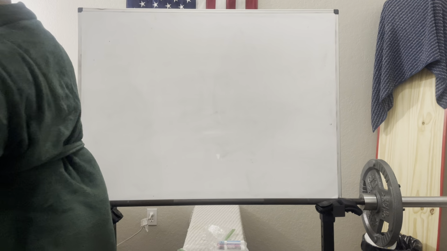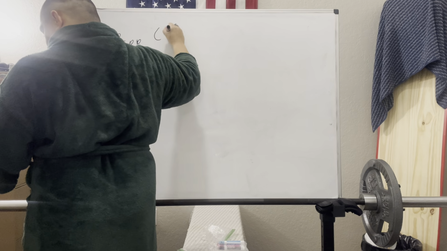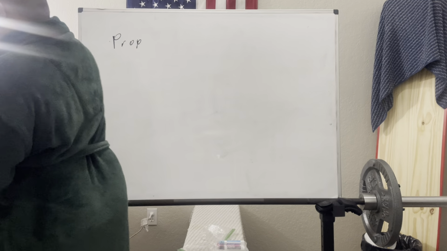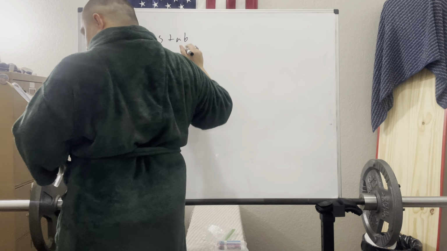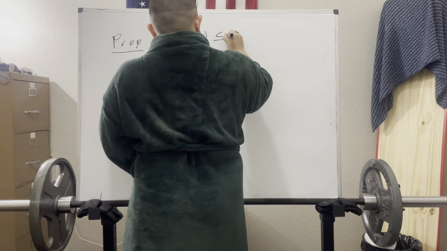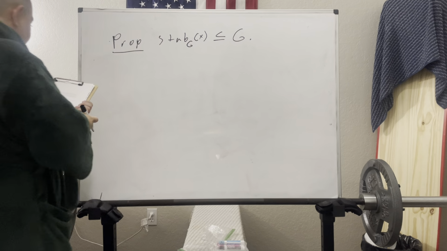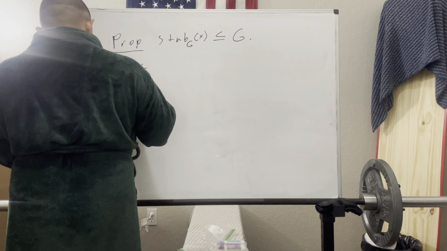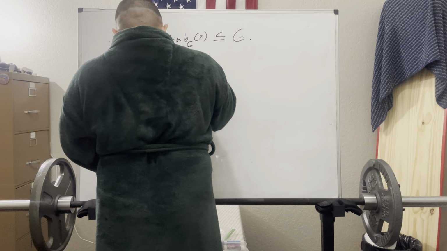And the proposition is this. Okay. That the stabilizer of x with respect to G is a subgroup of G. So, what's the proof of this? Well, what's a rough proof of this?